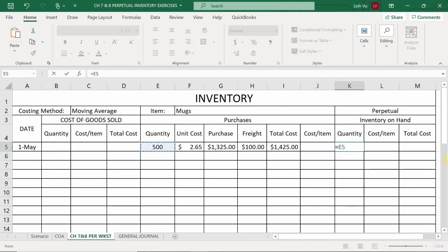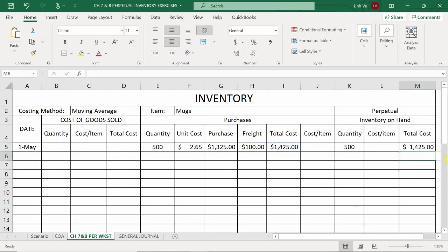So I have 500 units, giving me a total cost of $1,425. Right now, I still need to calculate my average cost per item, because what if I sell something right now? What if I sold inventory? I would definitely need to know what my average cost per item is. So what is my average cost per item going to be?